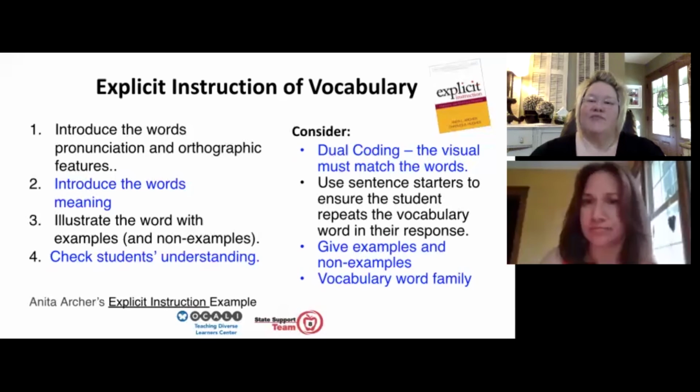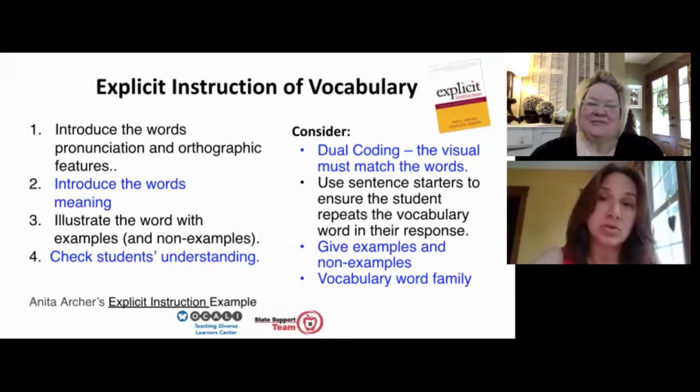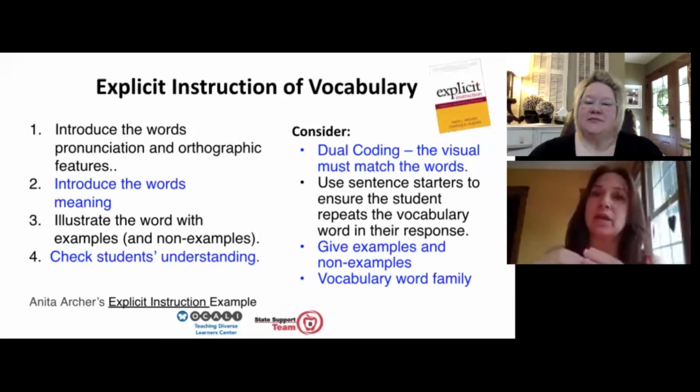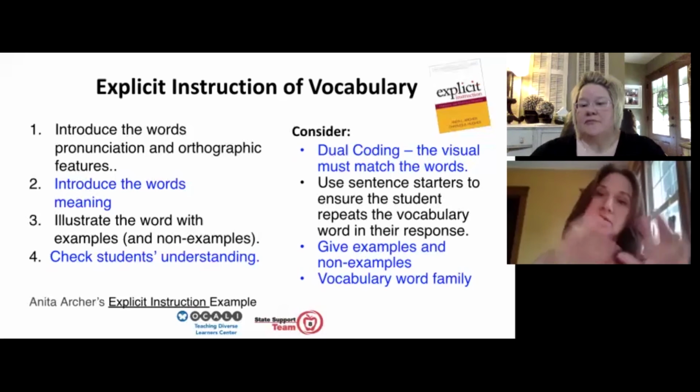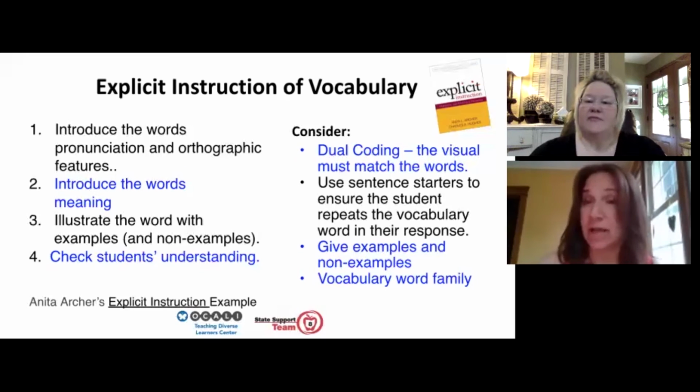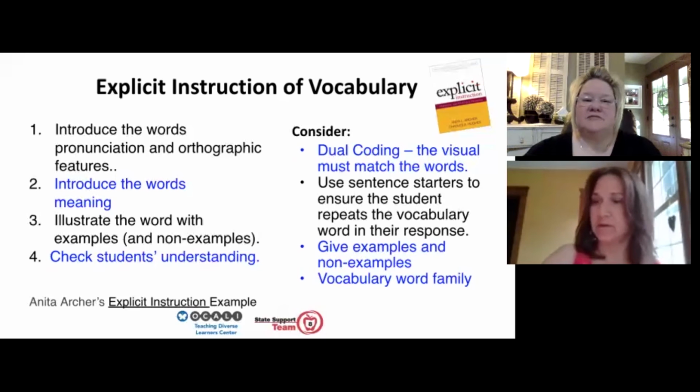Also, she encourages the use of word families. So with the word composition, do they know that the words compose, composer, all of those that can be made out of composition, are all related with that root of compose? And I believe Shauna has an example coming up next, and we'll look at something new with that.